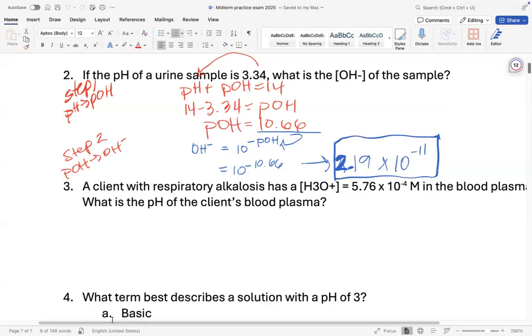So here, my exponent was around 10.66. So it makes sense that my exponent would be, to the nearest whole number, 11. We just need to figure out what this up front part is, and that's what the calculator is going to do for us. All right. So the final answer would be 2.19 times 10 to the negative 11.